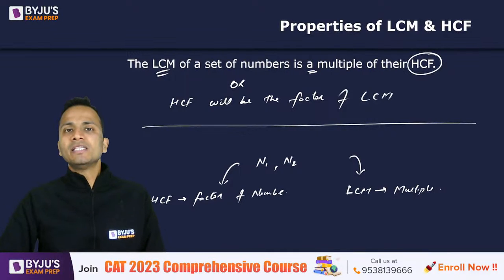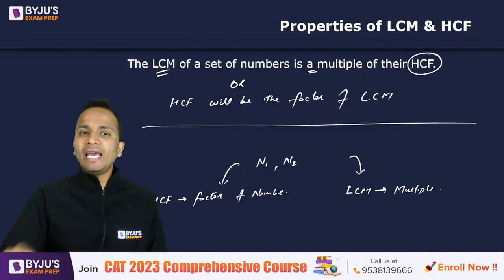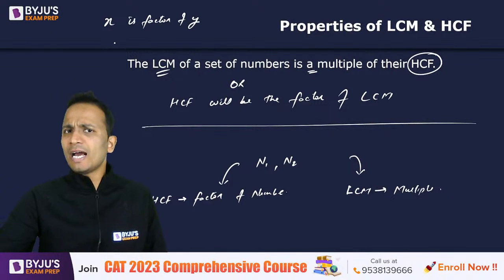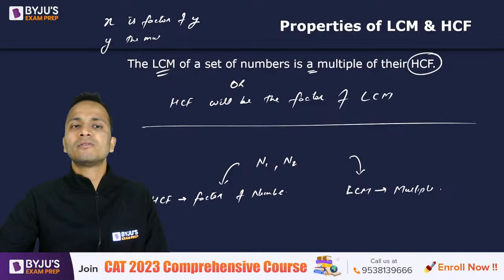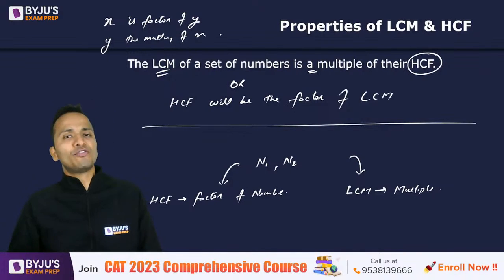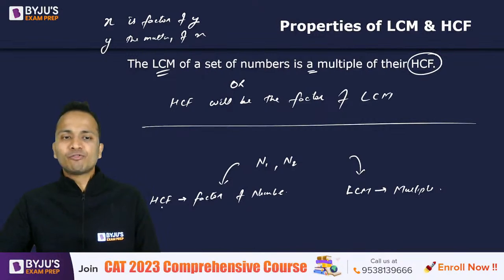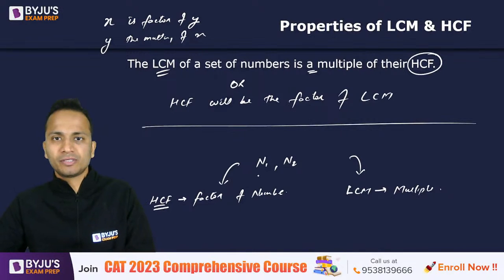Now one simple thing is, if a number x is a factor of y, then I can reversibly say that y will be the multiple of x. So if x is a factor of y, then y will be the multiple of x, right? So HCF को consider करो. HCF is the factor of the numbers.